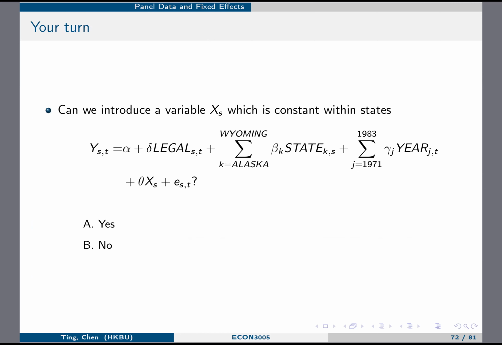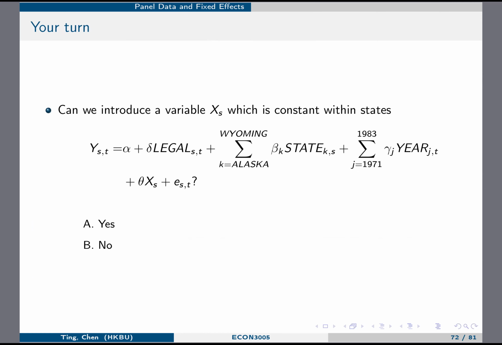Again, question to you. Can we introduce a variable xx, which is constant within state, into this two-way fixed effect model? Yes or no? 5 seconds. 1, 2, 3, 4, 5.